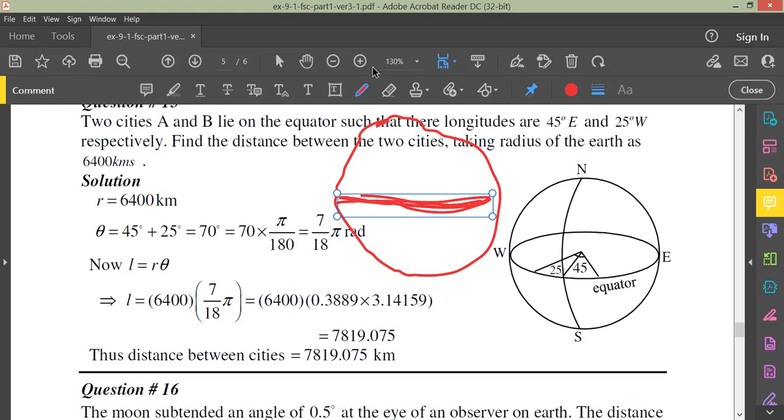And similarly, this is called equator, and this is called Tropic of Cancer, and this is called Tropic of Capricorn.